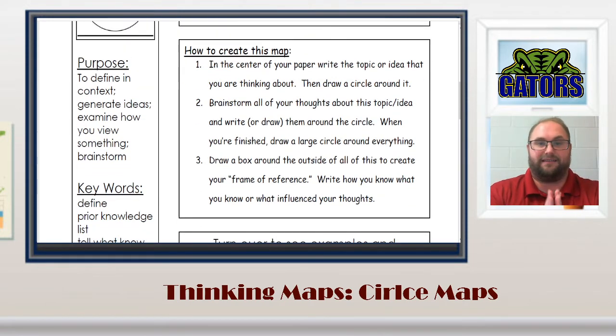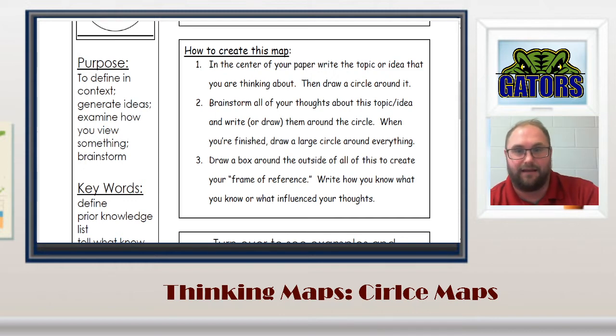Okay, so moving forward, how do we create this map? In the center of the paper or Google form, you write your topic or idea that you're thinking about, and you draw a circle around it. That is your main point. Then you're going to brainstorm all of the thoughts that you have about this topic or idea, and write or put images or draw around the circle.